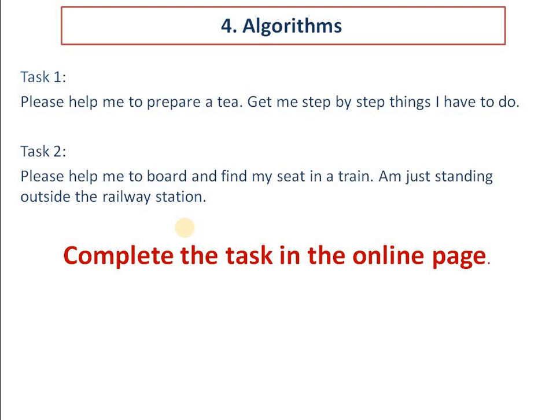Step 3, move to the platform. Step 4, I have to look for the bogie number. When the train comes, I have to board the bogie. Step 5, I have to check the seat number, and in that bogie I have to find the seat number and occupy the seat. Like this, step by step instructions are there. You'll be having some tasks related to this in the online page that you have to complete as a part of today's assessment.